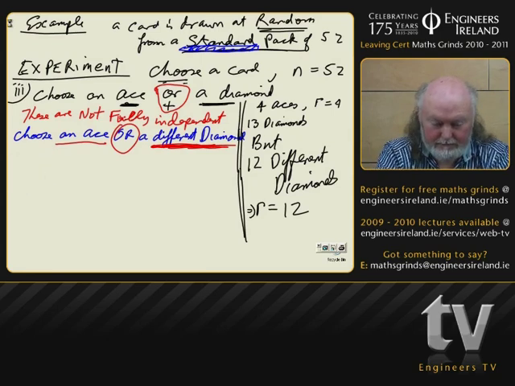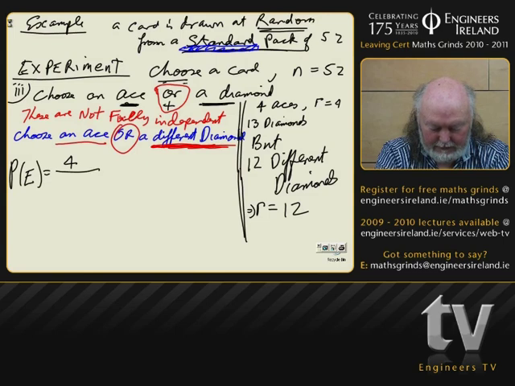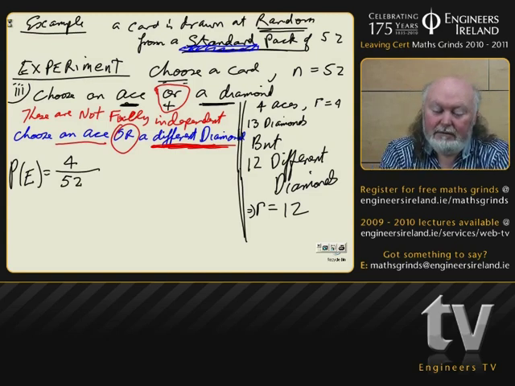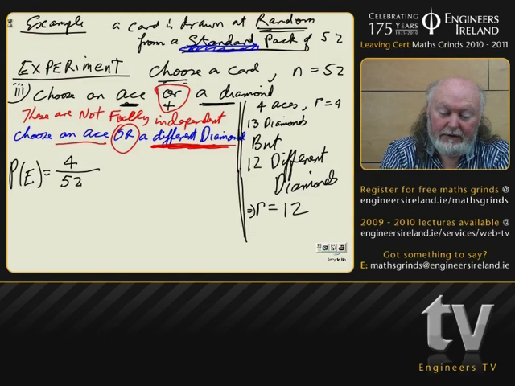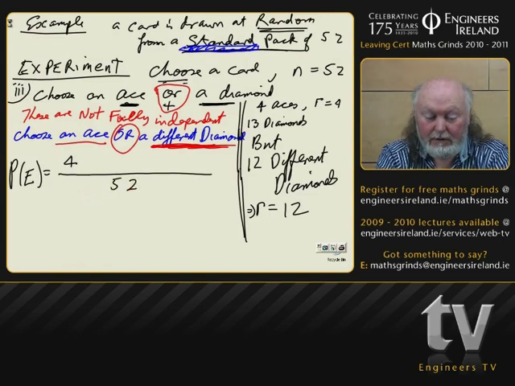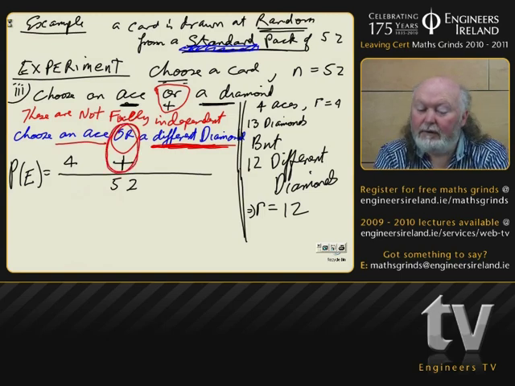Now what we're going to get is we have 4 over 52. Well, actually, let's try it a little bit different. R means plus. A different diamond is 12.